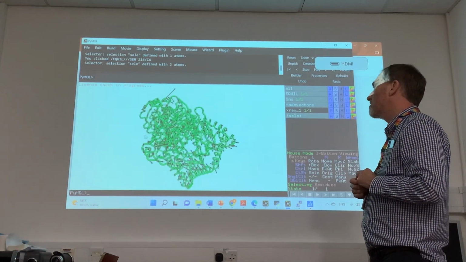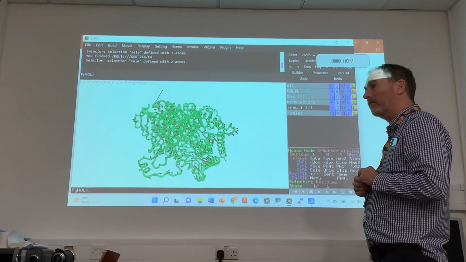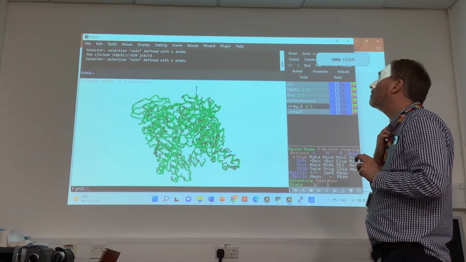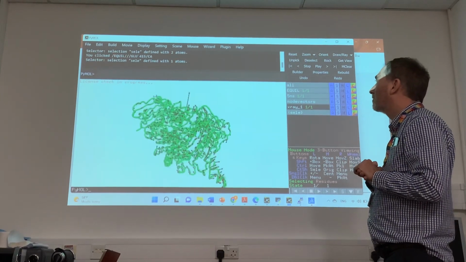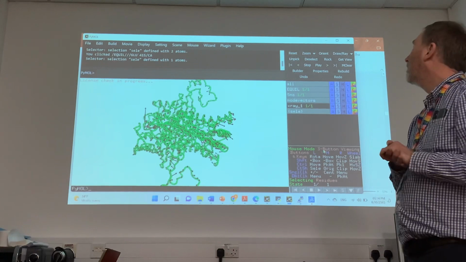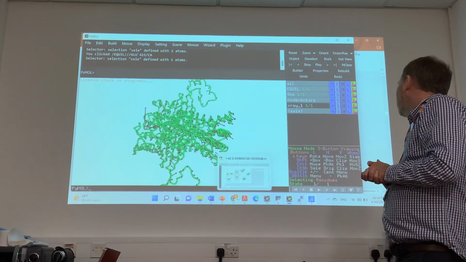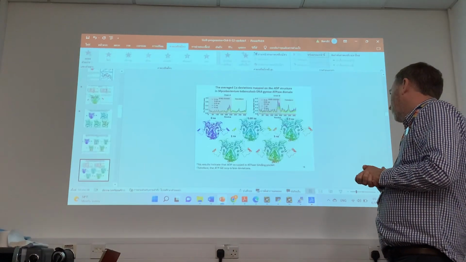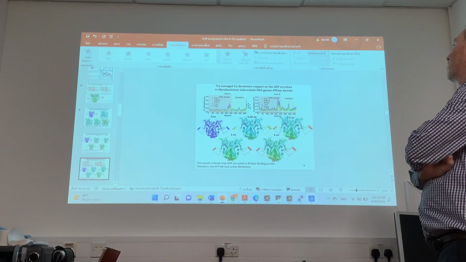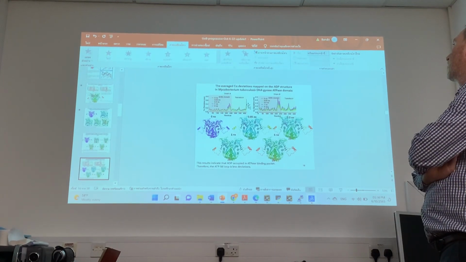So I think in this case the N terminal connects with the C terminal of the transducer domain. This is big. How many residues are we still missing in gyrase B?